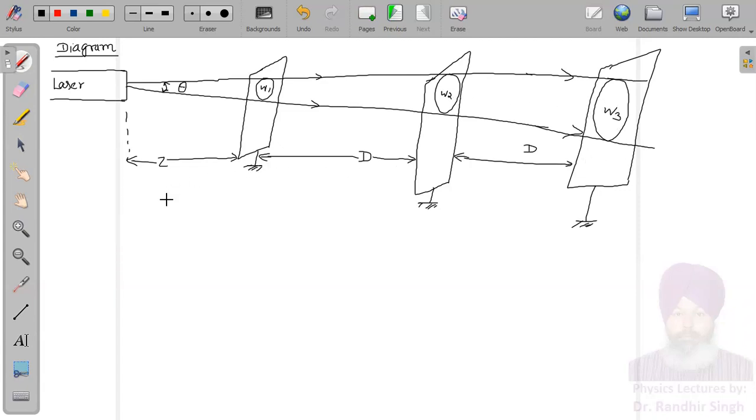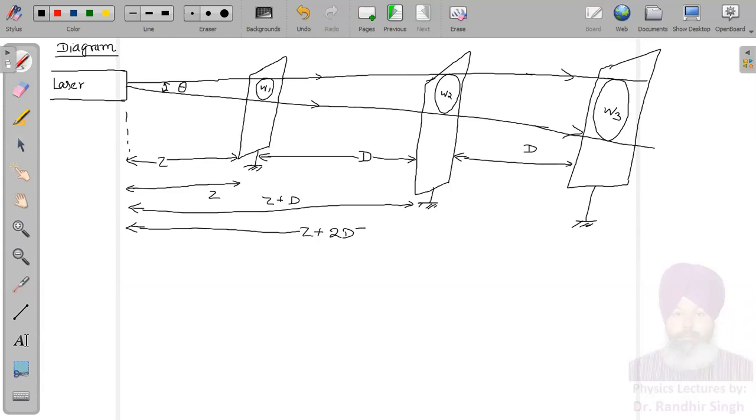Please remember, this distance is z, this distance is z plus D, and this distance is z plus 2D. You can very easily see that W1 is less than W2, which is less than W3.